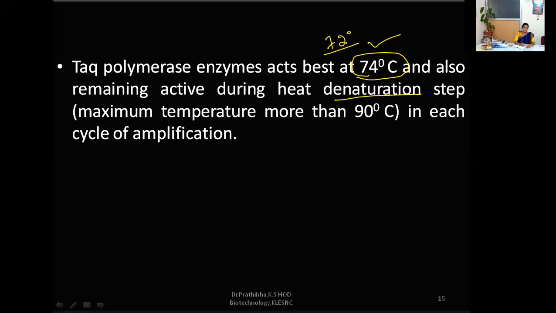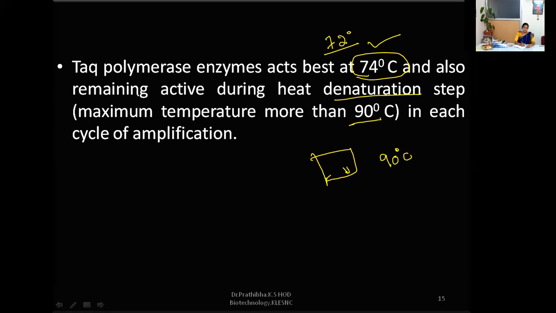Why I mentioned here that they remain active during the heat denaturation step is because in this particular PCR machine, the samples will be incubated up to 90 degrees Celsius. As I told, the Taq DNA polymerase can withstand up to 95 to 97 degrees Celsius. In the denaturation process, the instrument will increase the temperature to 90 degrees Celsius or more in each cycle of amplification.